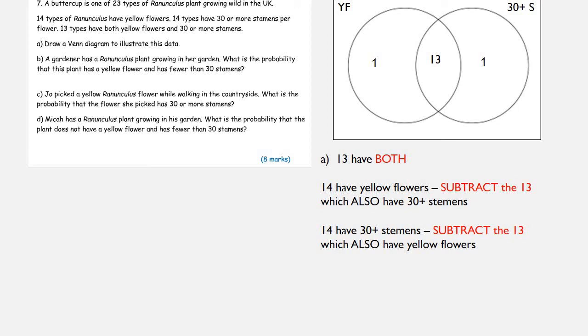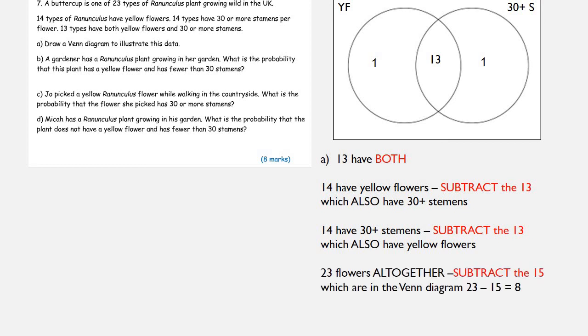Okay, it tells us there's 23 flowers altogether. We've only used up 15, 13 plus 1 plus 1. So the remaining 8 out of the 23 is going to go outside the circles because presumably they don't have yellow flowers or 30 plus stamens. Okay, and there's our Venn diagram done.